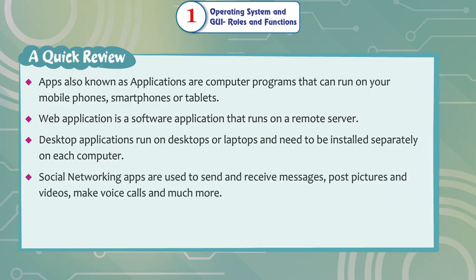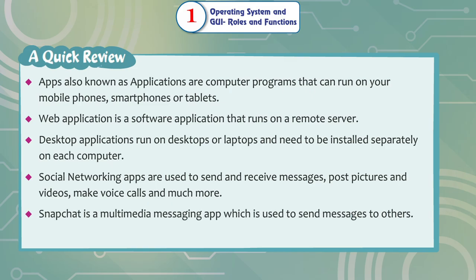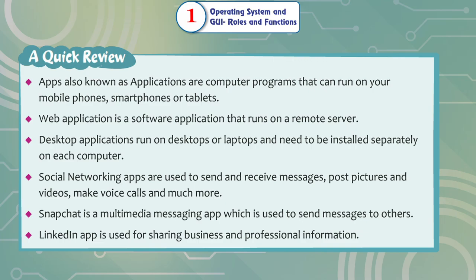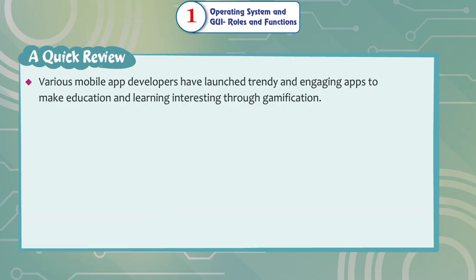Social networking apps are used to send and receive messages, post pictures and videos, make voice calls, and much more. Snapchat is a multimedia messaging app which is used to send messages to others. The LinkedIn app is used for sharing business and professional information.